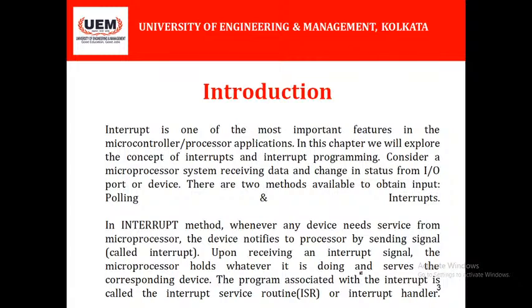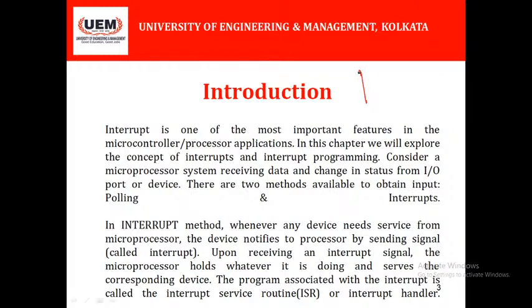So there are 2 options through which the microprocessor can communicate with the input device. One is polling, another one is interrupt initiated I/O. In the interrupt method, whenever any device needs service from the microprocessor, the device notifies the processor by sending a signal called an interrupt.